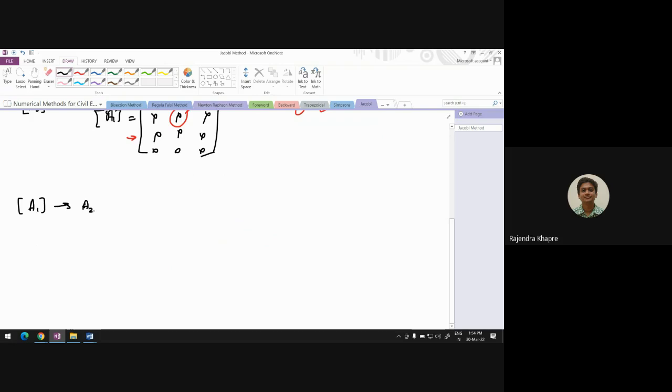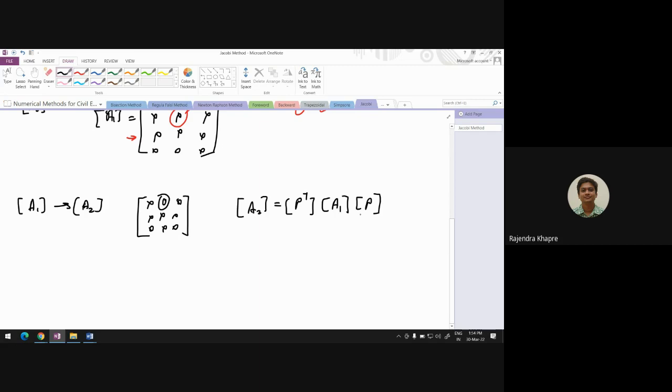Now your A1 looks like this, in which this is your 0. So now you have to generate A2. So your A2 will be a similar term, that is P transpose into A1 into P.